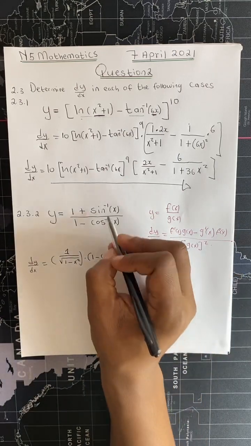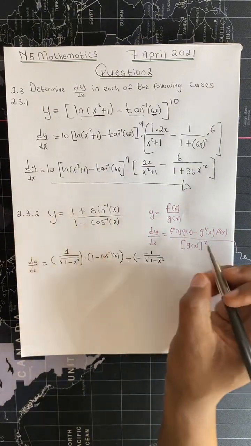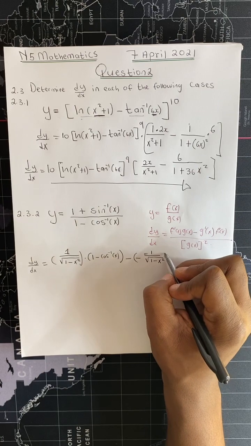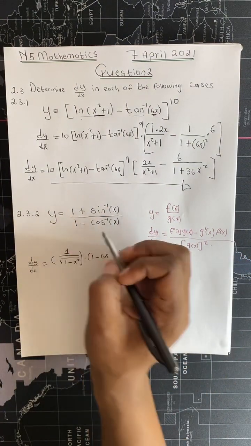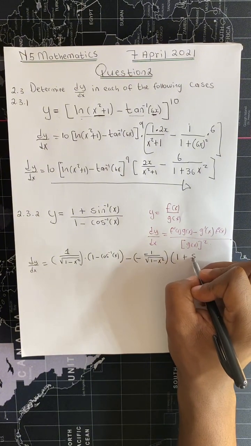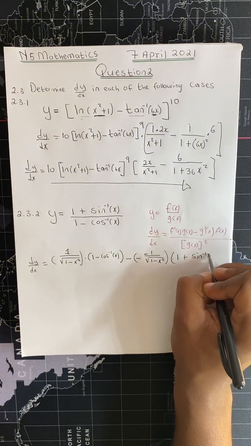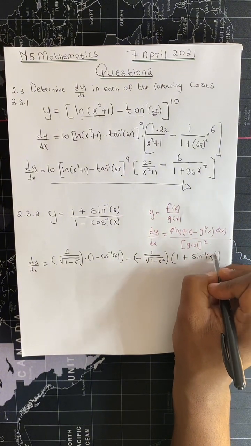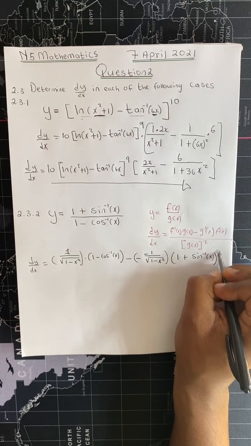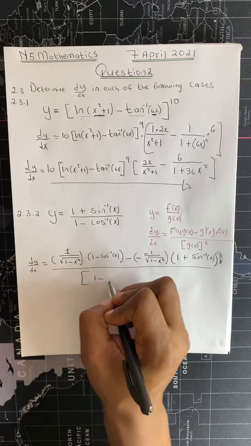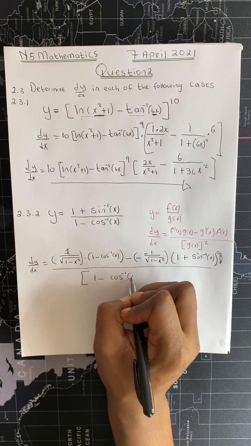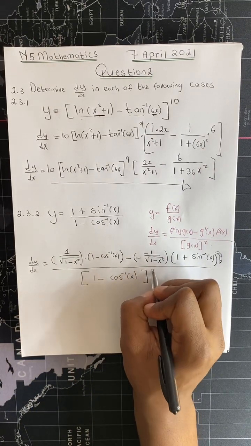So the derivatives of arcsine and arccos are available on the formula sheet, multiplied by our numerator 1 plus arcsine of x, all divided by 1 minus cos of x, squared.